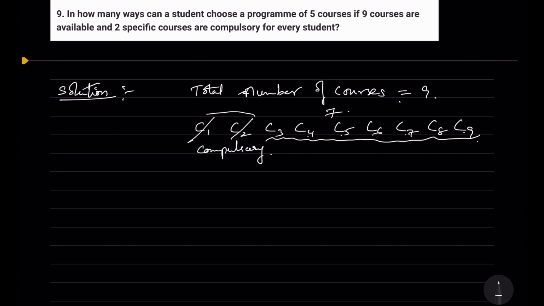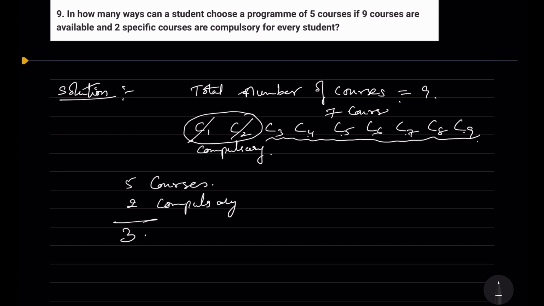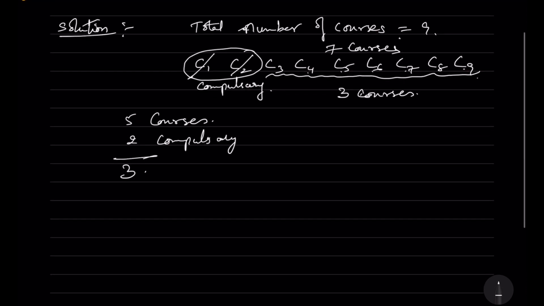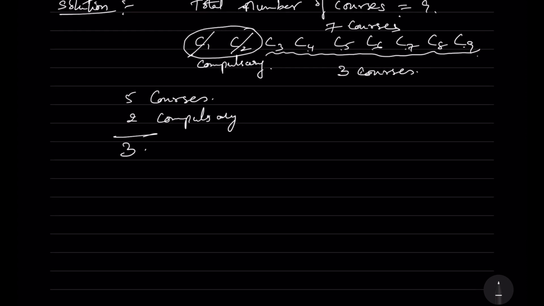You have 5 courses totally, isn't it? 5 courses you have to select. 2 are compulsory, they have to be selected. So how many are left over? 3 are left over. So from the 7 courses you have to select 3 courses. Whatever 3 courses you want from these 7 courses, you have to select 3 courses. So in what ways can we do this?